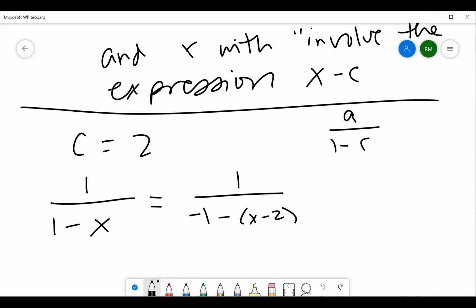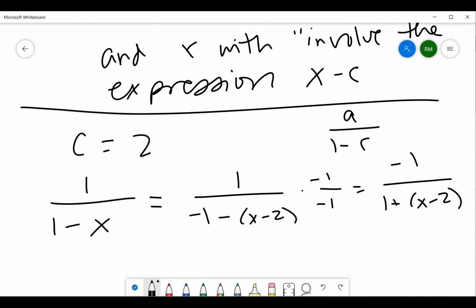You can do a quick check in the denominator to see that I have not changed the denominator at all. I've just rewritten it.